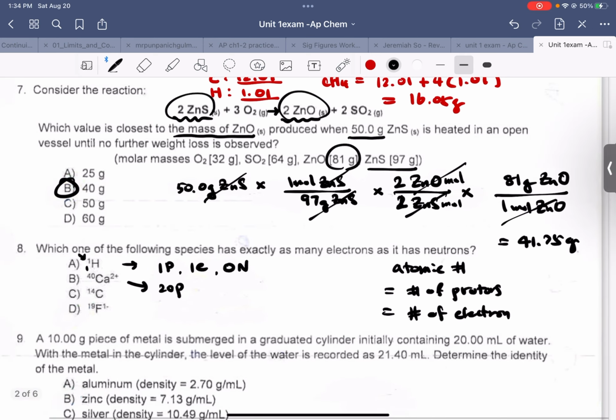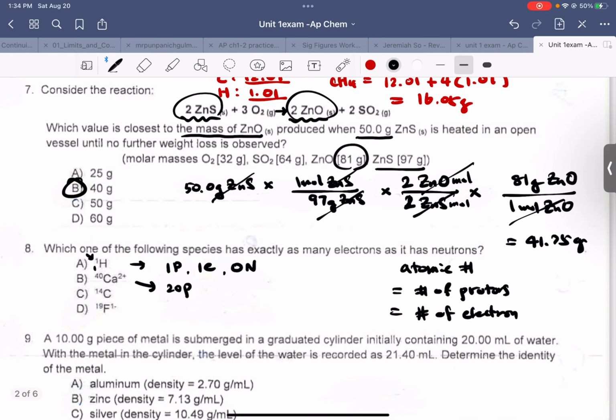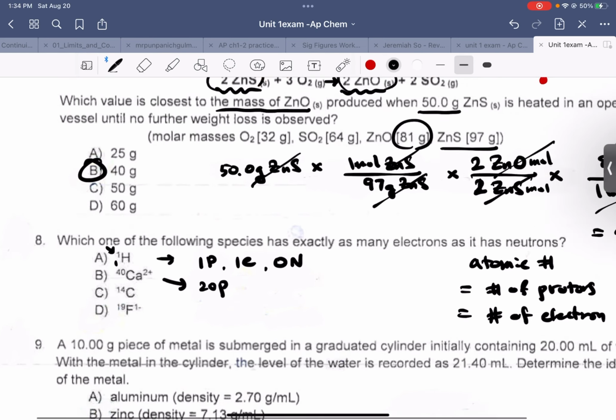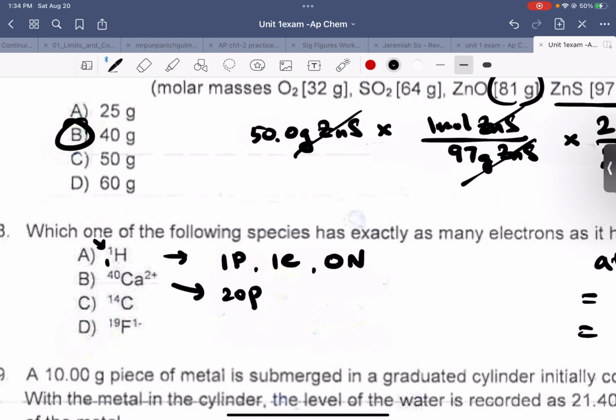Another one is atomic mass is the number of protons plus the number of neutrons. Remember that. So for calcium, the atomic number is 20, so 20 protons. The electrons, if it weren't ionized, would be 20. But 2 plus means you lost 2 electrons, right? Then you have only 18 electrons. And 20 plus 20 is 40, so you have 20 neutrons.